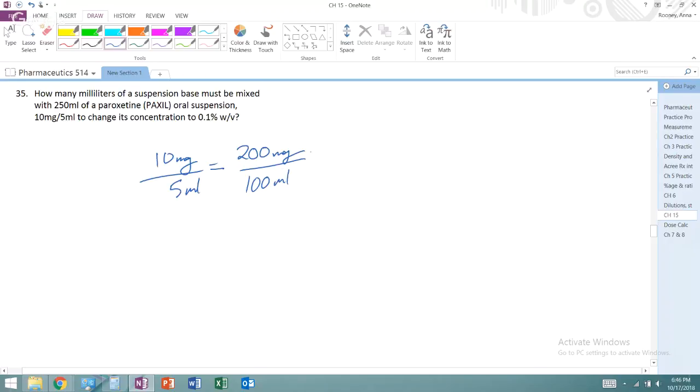And you can tell this is a weight per volume, but it is not in the right units. It needs to be in grams per milliliter. So that would be 0.2 grams for every 100 mLs. So then that is our percent.